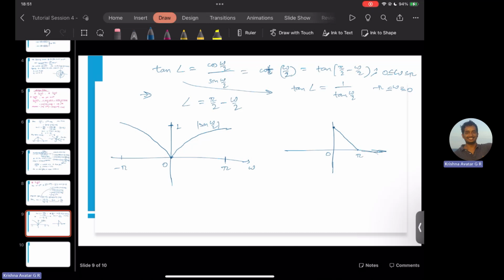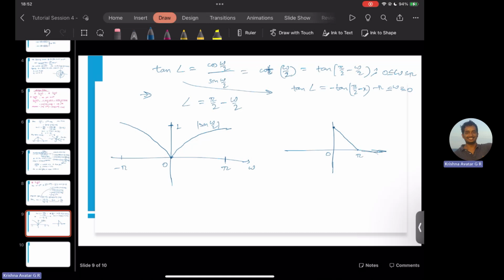Since tan is going to be negative, let's not do all these complications. Then in that case, tan of this is going to be equal to minus of, say, tan, something like this.